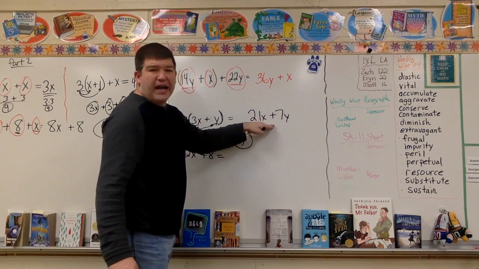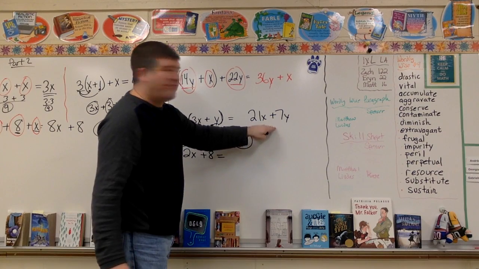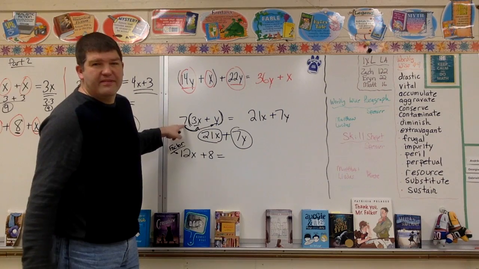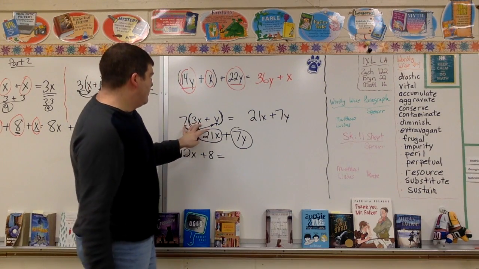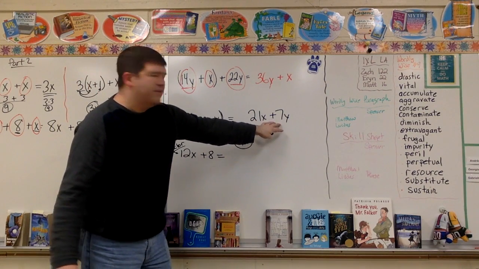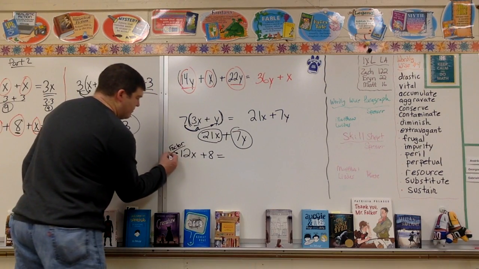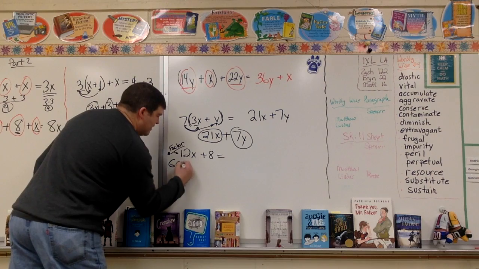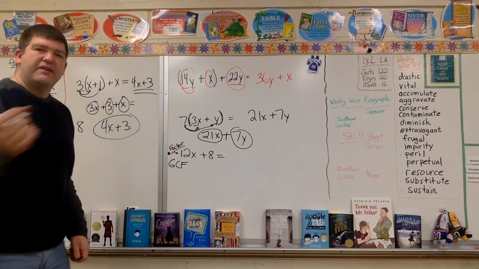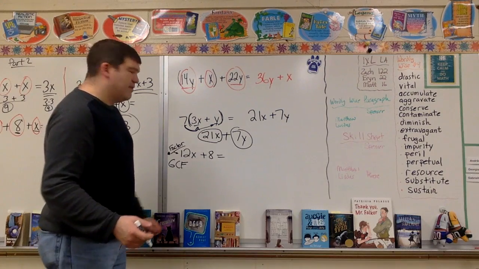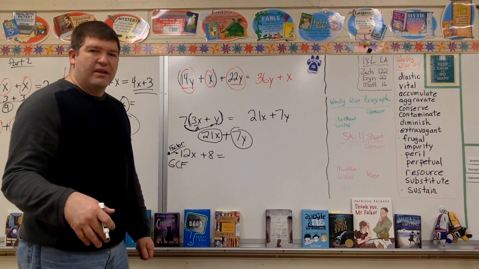This, I could factor, find the greatest common factor, and go back to here, and it would be 7. Okay? So here I went like this to here. I'm going to do the opposite here. Whenever it says to factor something, you find the GCF, and then you factor it out. We did a little bit of this, but I want to show you how the variable goes along with it.